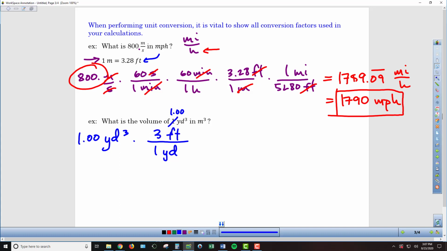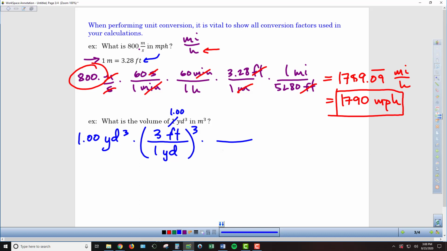But because those yards are cubed, I need this to be 1 cubic yard, which means I need cubic feet. So really what I need to do is cube this conversion factor so that I'll have the ability to cross cancel the yards that I see here with the yards cubed in the original measurement. And then once we do that, we can convert from cubic feet to cubic meters using that conversion up above.